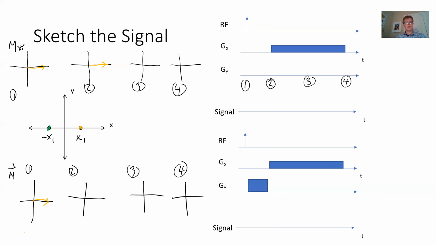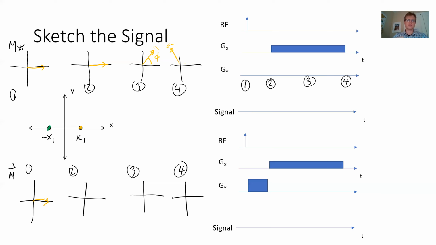But then at time point 3, we're going to introduce some rotation because of the position in X. So we have an X gradient on, which might create some net rotation to some angle here, and continue on to a later time.